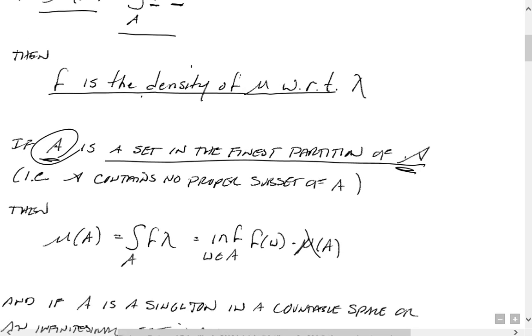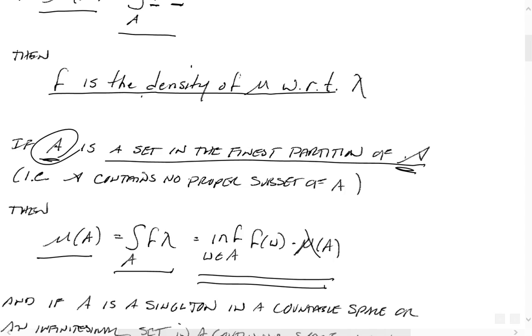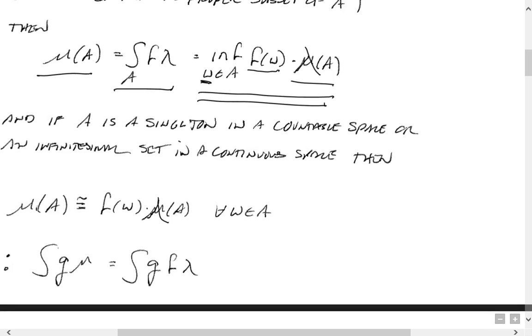Then the measure mu of A, being the integral over that set A, is defined by our definition of integral that we have described before: simply the value of the function at omega that gives us the smallest value times the measure lambda of the set A. Moreover, if A is a singleton, which means it only has one point in it, then it simply reduces to mu of A equal to f at that point omega times lambda of A.